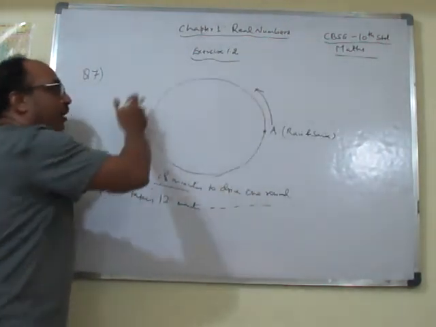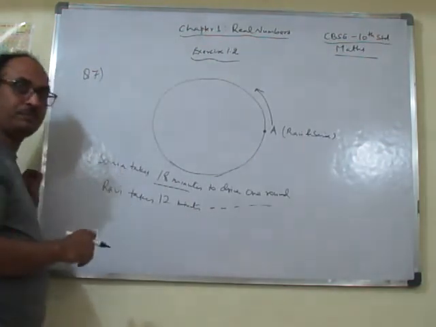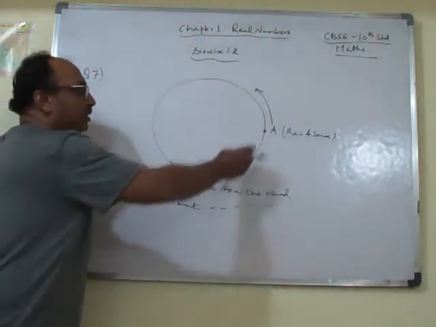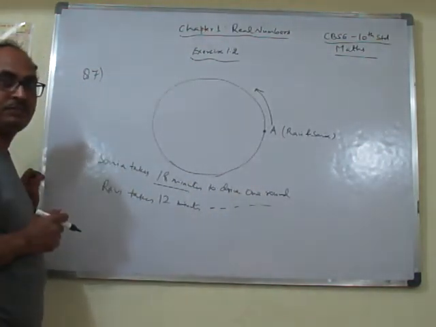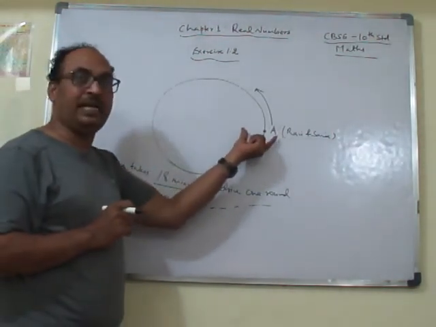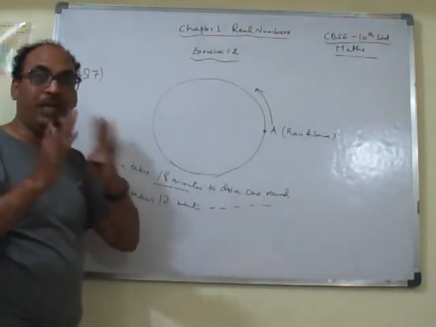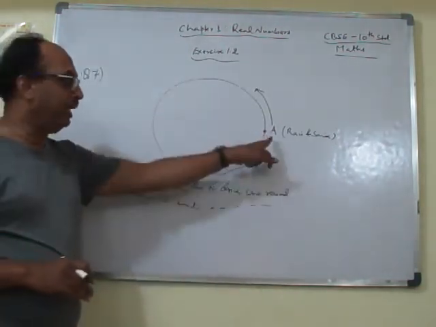and they kept on moving on this circular path, then at what time will they be meeting at the same point A?